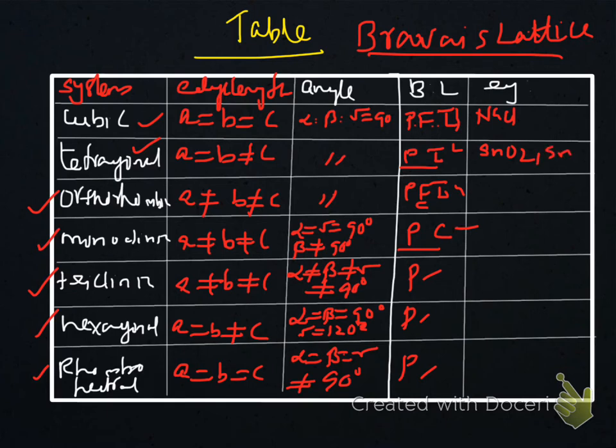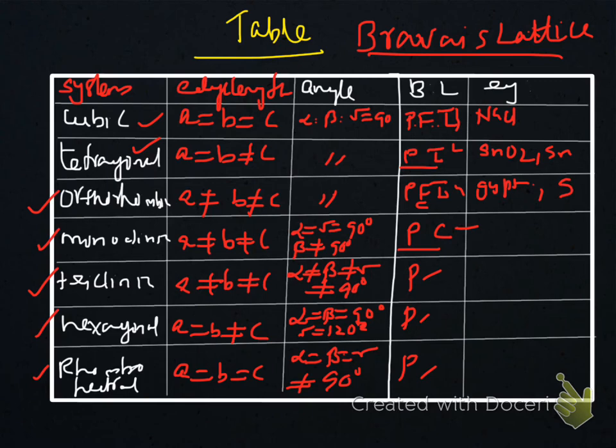Few more examples can be seen in your textbook that you can check. For the orthorhombic system we have gypsum, KNO3, barium sulfate, sulfur, etc.